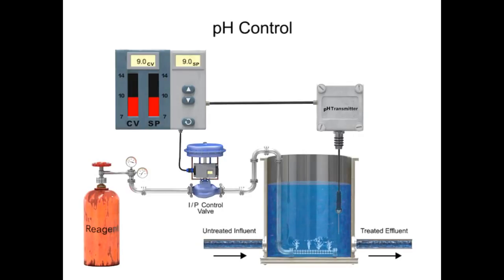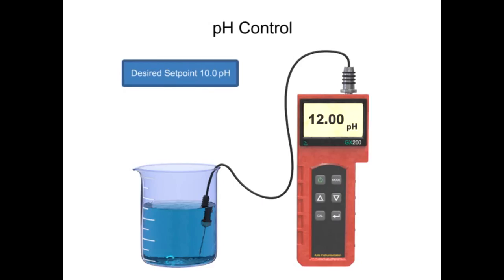Analytical measurement and control of pH within a system is necessary for many processes. Common applications include food processing, wastewater treatment, and chemical industries. To maintain the desired pH level in a solution, a sensor is used to measure the pH value.